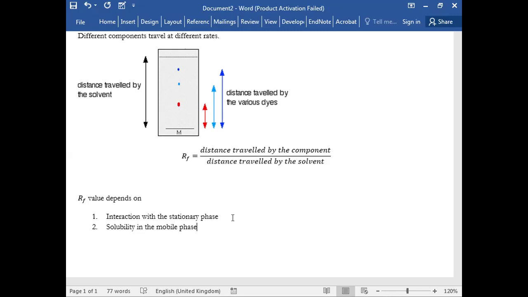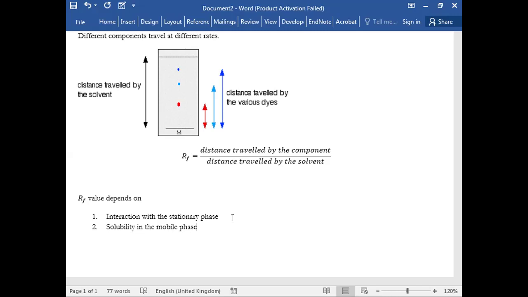तो दोनों चीजों को अलग अलग देखते हैं. The stronger the interaction between a component and the stationary phase, what will happen to the component? Will it go farther up or will it travel very short distances? पहले जवाब दो.